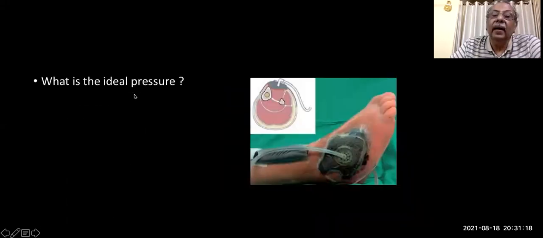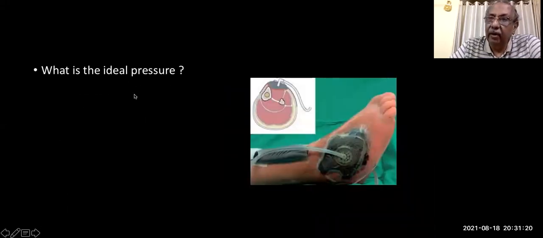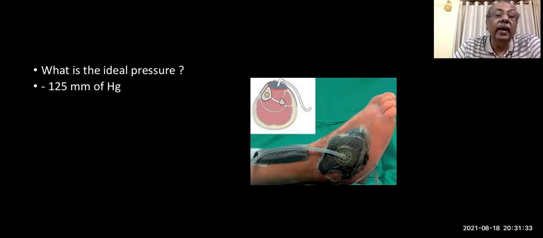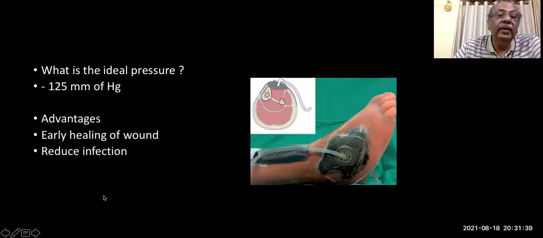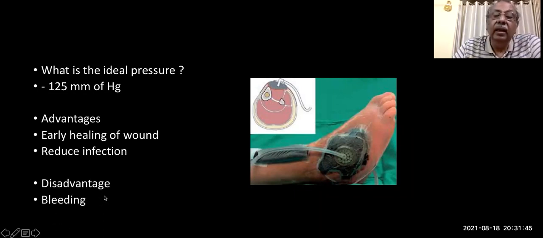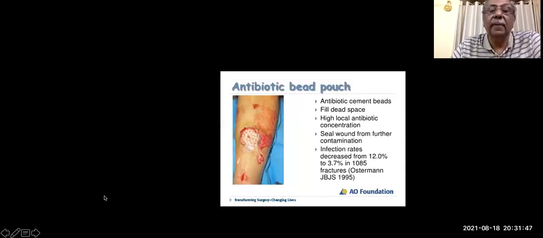VAC machines are available which can give the exact ideal pressure, or you can use the suction that is available in the ward. The ideal pressure is around minus 80 to minus 130 millimeters of mercury. The advantages are early healing of the wound and reduced inflammation. The disadvantage is that hemorrhage can occur in some cases.